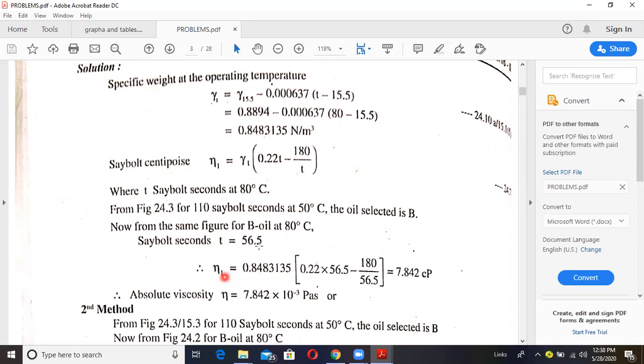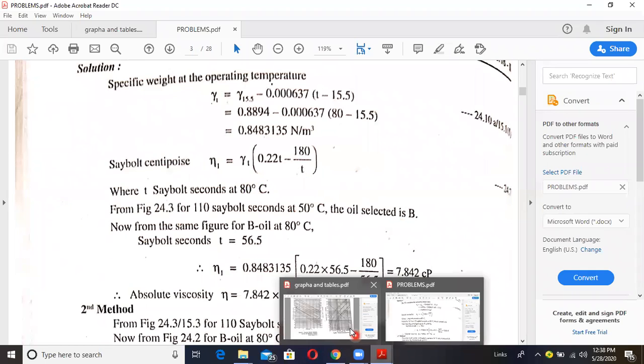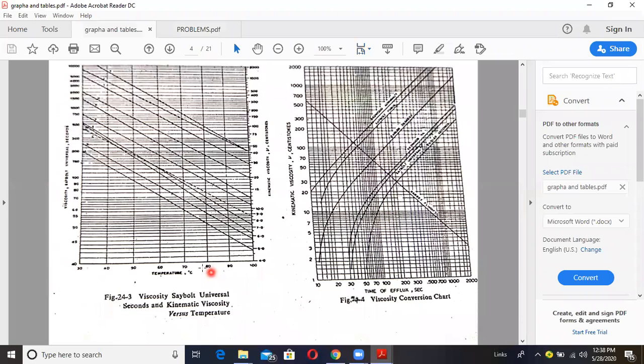Now we are going to calculate T at which temperature? At 80 degrees Celsius. Now refer to the same figure. Go to 80 degrees Celsius, and the curve is B. Move upward until it touches curve B. Now it is touching here, right? Now you come towards the left side, then we will get the Saybolt seconds.